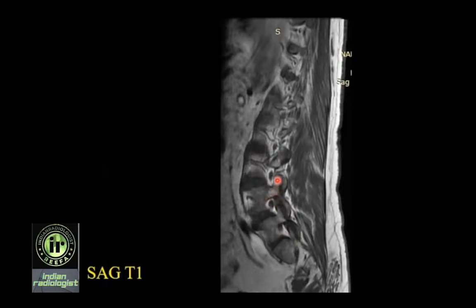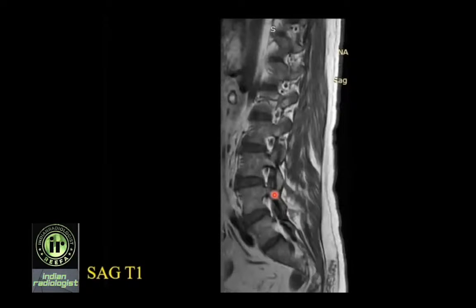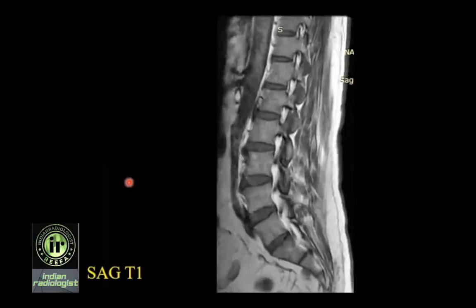Pedicle, superior articular facet of L5, inferior articular facet of L4, and this is the facet joint. Coming further medially, you can see the parts very well, the neural foramen and the keyhole-like appearance. Again, inferior articular facet of L3, superior articular facet of L4.